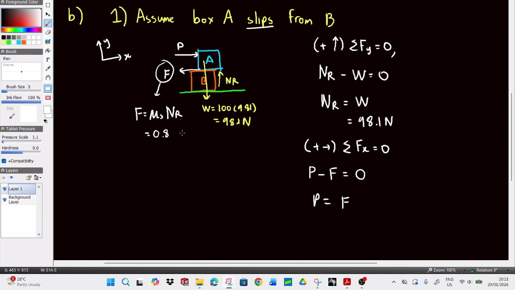So P equals 0.8 NR, which is 0.8 times 98.1, giving us 78.48.